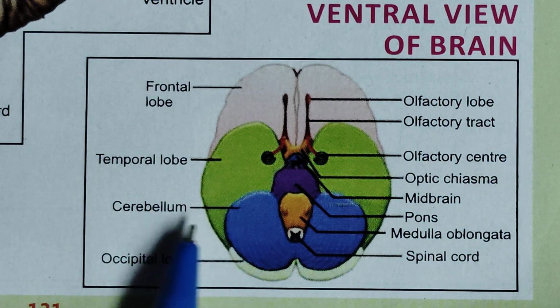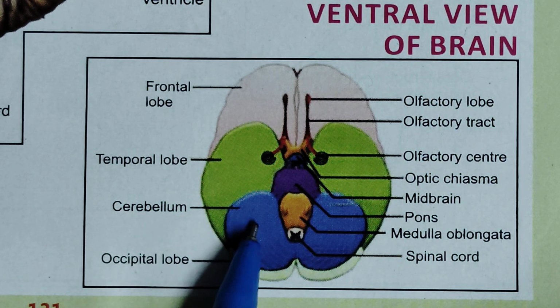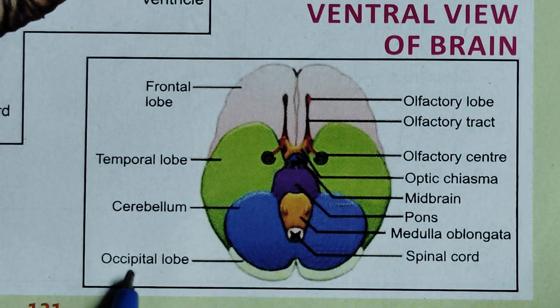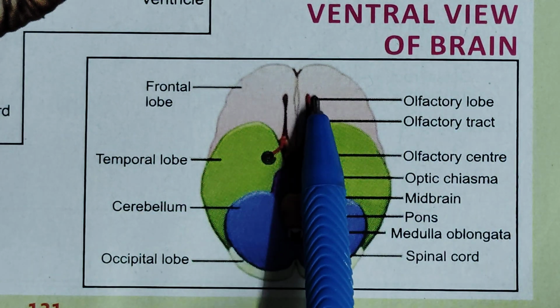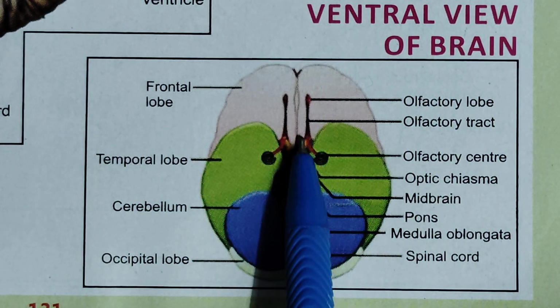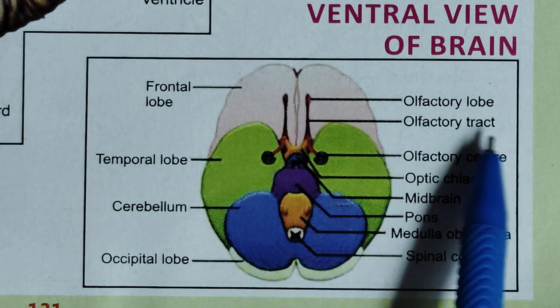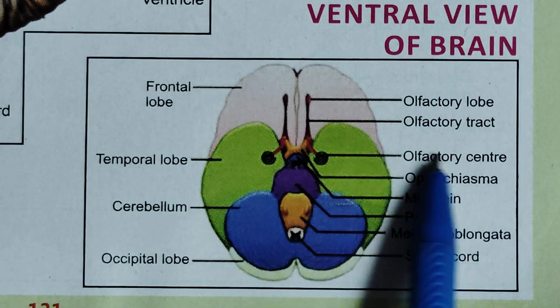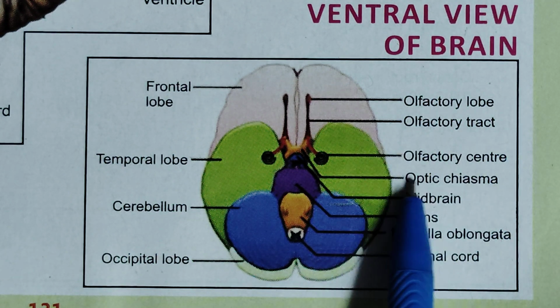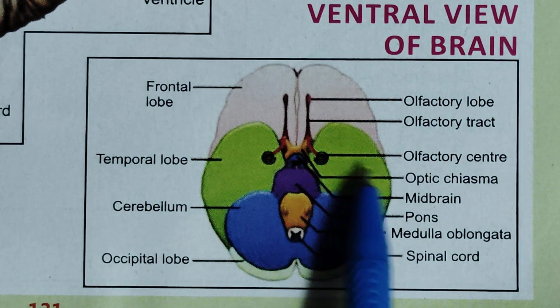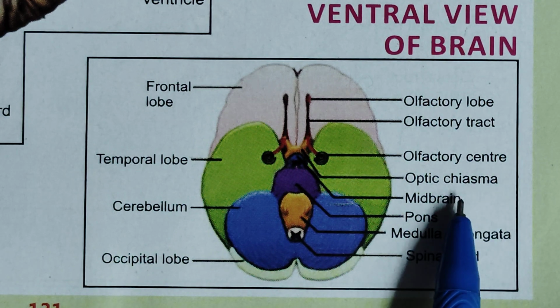Next, bluish in color, the cerebellum behind the brain, and behind it the occipital lobe. There is the black olfactory lobe, and the connected part is called the olfactory tract.